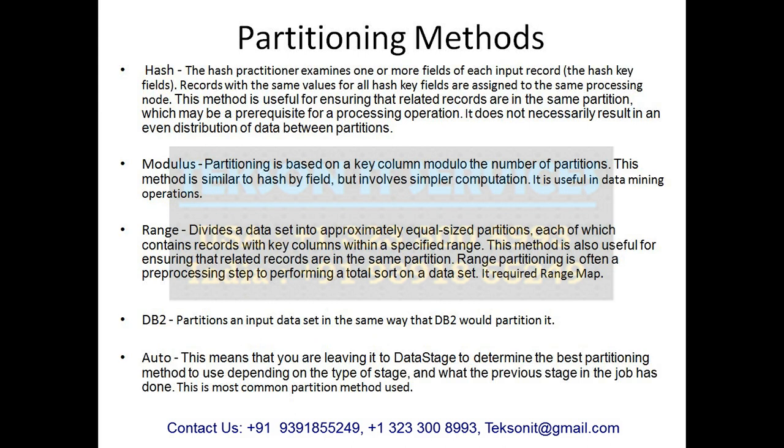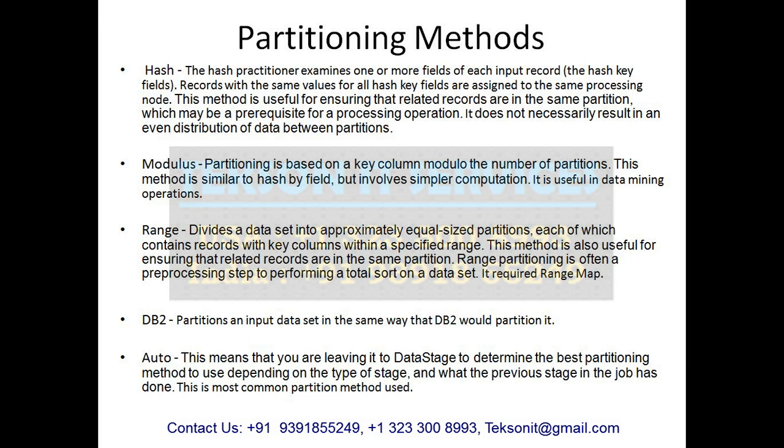Now you might have a question: how does DataStage choose which partition to use? The answer is that it depends on the stage. If you are using lookup, then DataStage will use entire. If you are using join or merge, then DataStage will use hash.